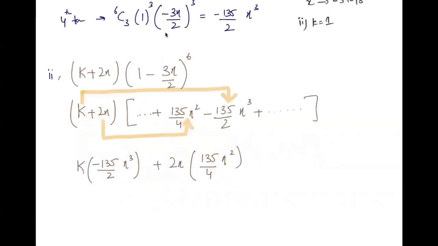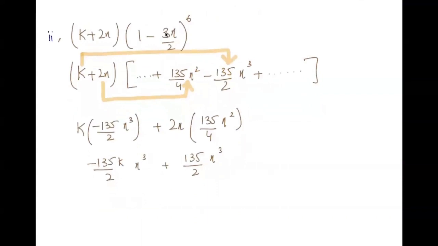K times minus 135 upon 2 is minus 135k upon 2x cubed, and 2x times 135 upon 4x squared is 135 upon 2x cubed. Now if you take x cubed common, you get minus 135 upon 2 k plus 135 upon 2. Is that correct? This is the coefficient of x cubed.